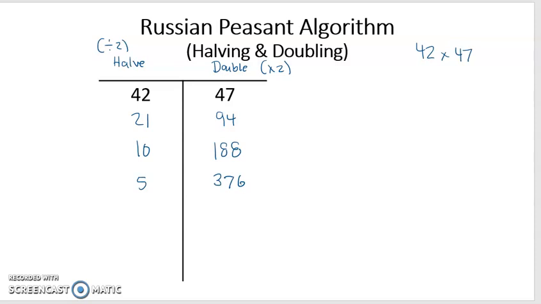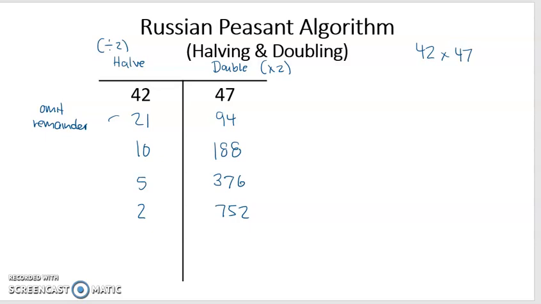Again, 5 divided by 2 is 2.5. You've got to ignore the remainder, in other words, you omit the remainder, which occurs when you have the odd values. So I'm just left with 2. 376 times 2 is 752.